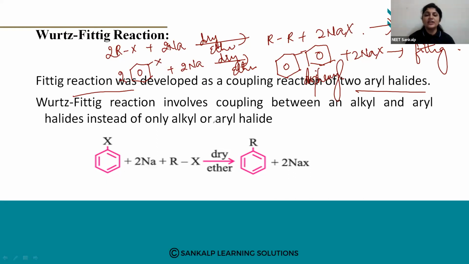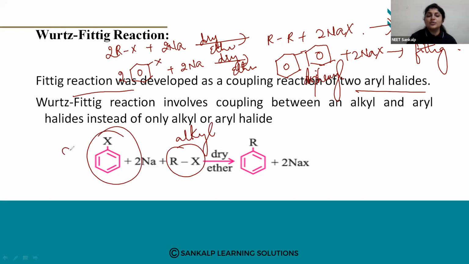Now what is Wurtz-Fittig? In Wurtz-Fittig, you have to do the coupling between an alkyl group and an aryl group. So now you have got an idea that Wurtz is for alkyl, and Fittig is only for aryl groups, where the coupling is made between two aryl halides. In Wurtz-Fittig, you take one alkyl and one aryl group.